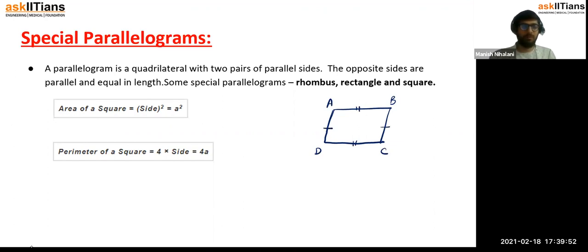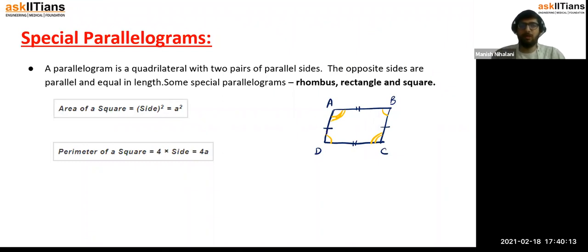Also, opposite angles of a parallelogram are equal and adjacent angles of a parallelogram are supplementary. These were a few important properties which we talked about in the previous class.